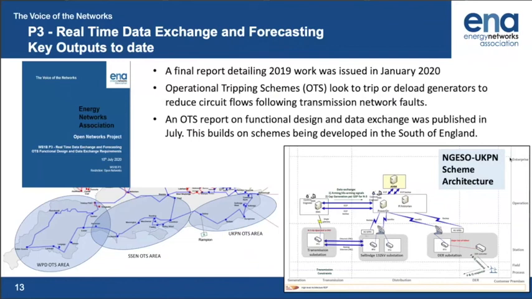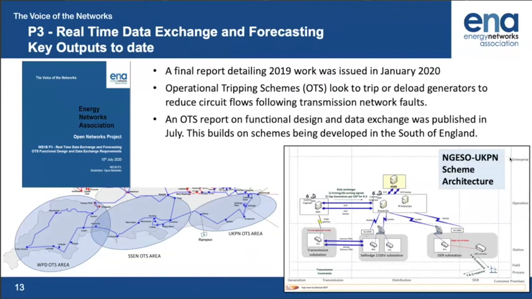The schemes tend to be built from the DNO side, as extensions to the distribution management systems. In the case of WPD and UKPN, they're taking their PowerOn systems and building extra functionality into those to enable the distributed resources to be managed back when needed.